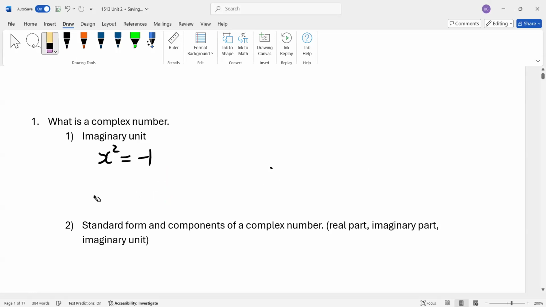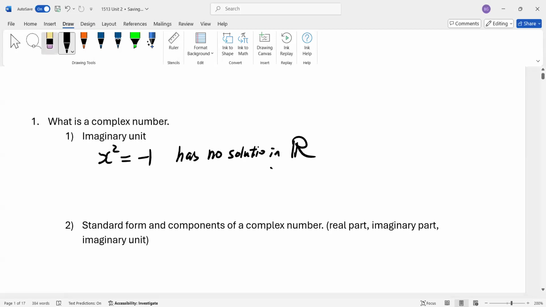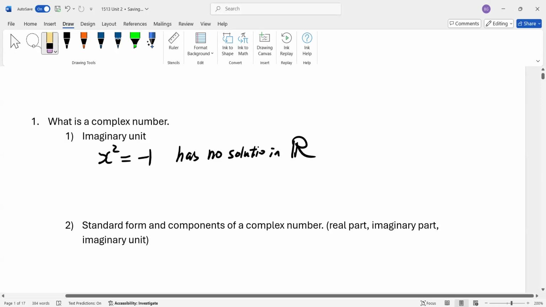Let me write it down. In R, this fancy capital R represents the real number set. In real number set, this equation has no solution because there's no such a real number multiplied by itself that will give a negative number.